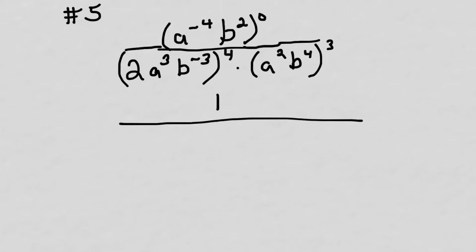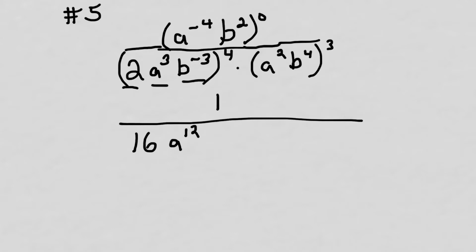We've got 2 times a cubed times b to the negative third, all to the 4th power. All right, that exponent of 4 is going to apply to the 2, it's going to apply to your a's, and it's going to apply to your b's. 2 to the 4th power gives you 16. a cubed to the 4th is going to leave you a to the 12th.